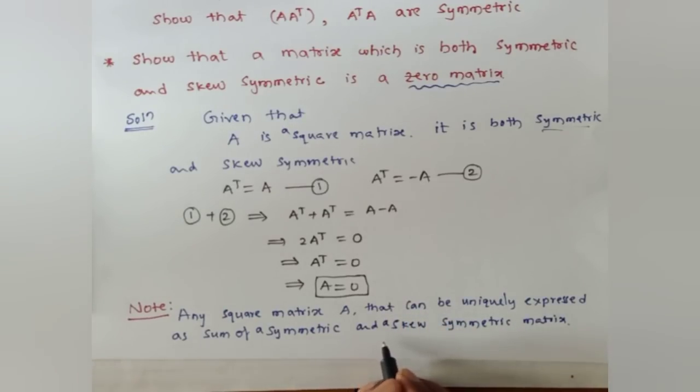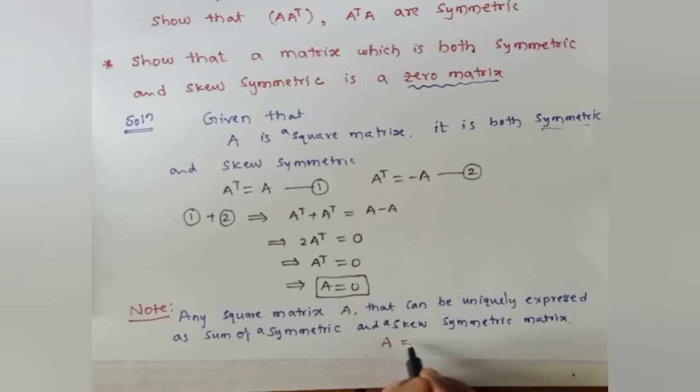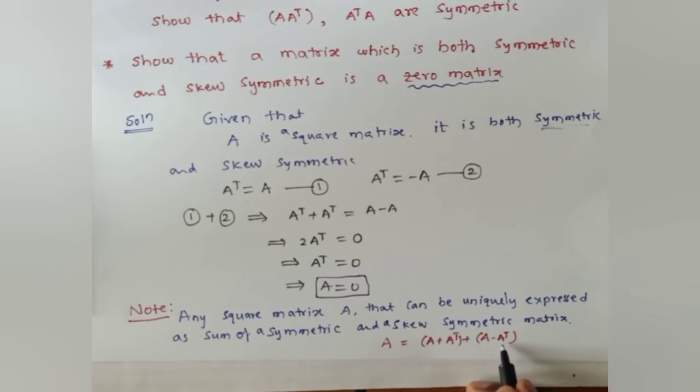So A can be written as A plus A transpose plus A minus A transpose, which is 2A.